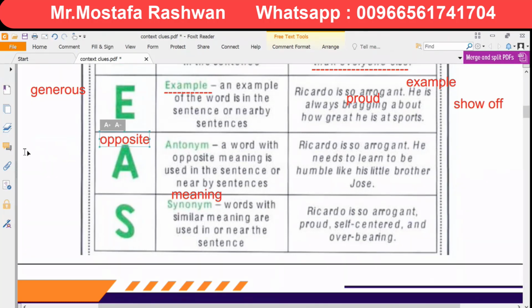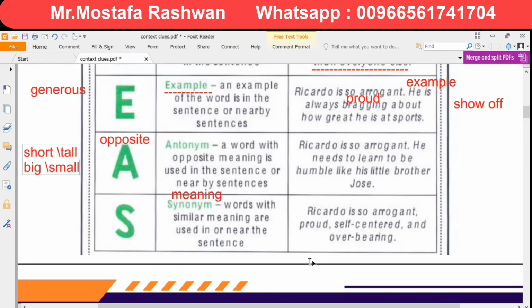Like what? Like short and tall, like big and small, and thin and light. So he gives you two opposite ideas. These two opposite ideas help you to guess what this unknown word means.